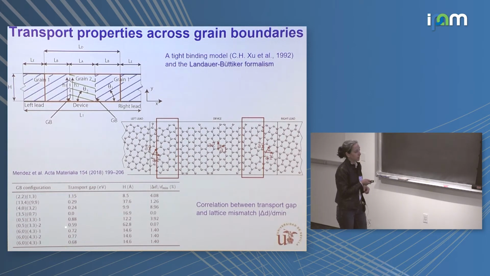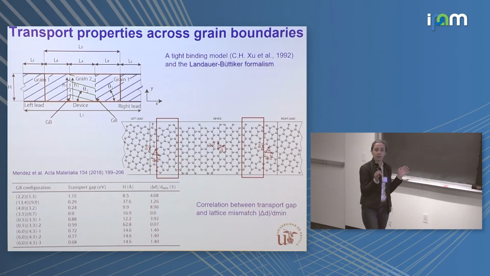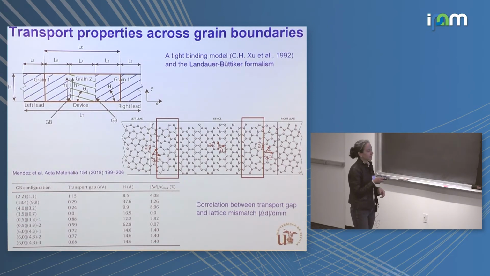Remember the pictures that I showed before: only the energies were not telling you much, because the gap that you are going to obtain depends directly on the mismatch value, the lattice mismatch that you have within the lattice.